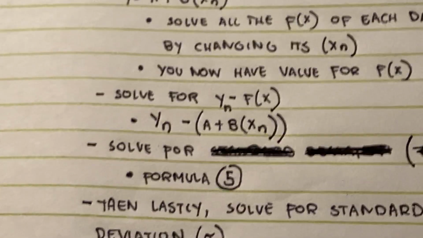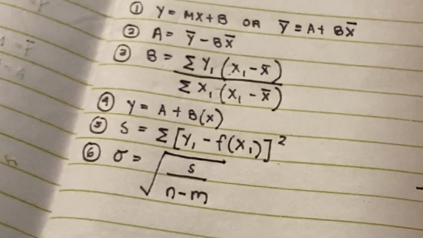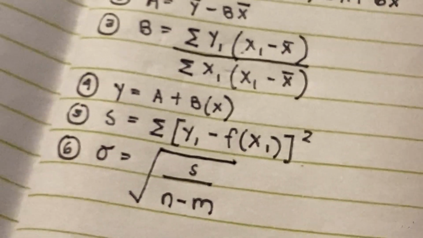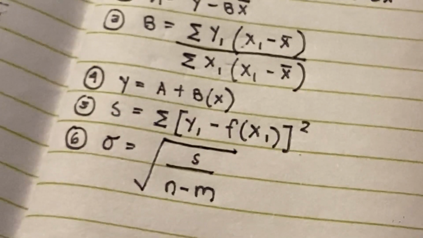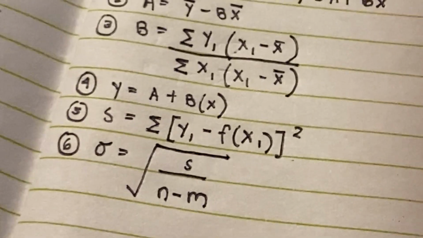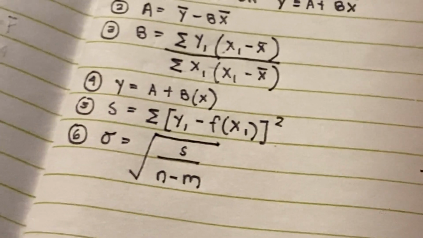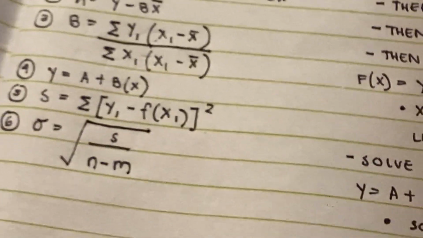Now, we can solve for formula number 5. Ang formula number 5 is s equals summation ng y observations minus f of x, squared. So, basically, yung sinolve natin kanina, squared lang natin, tapos ipapag-plus sila lahat.